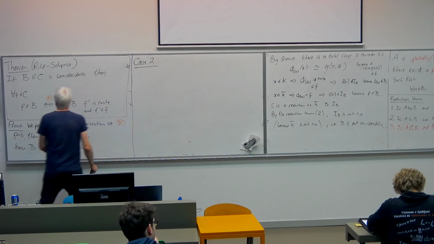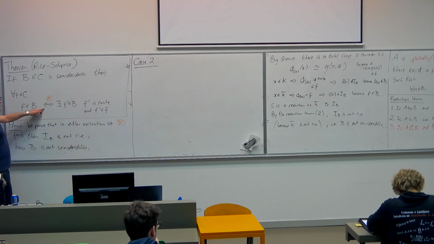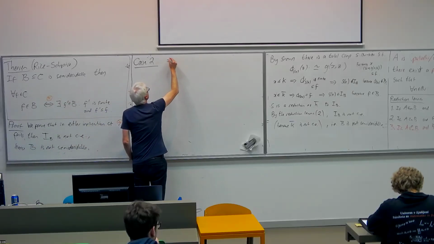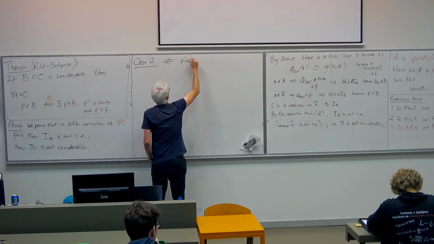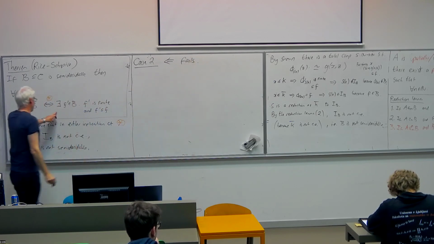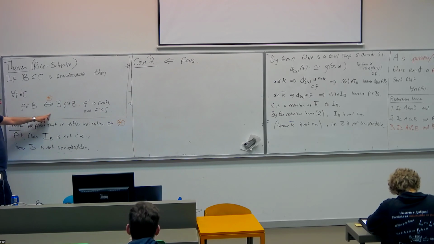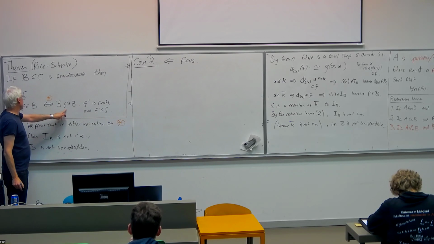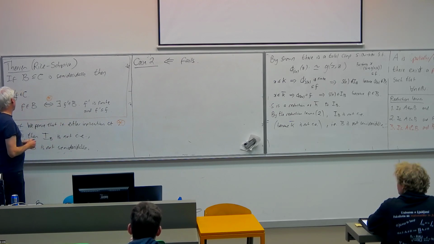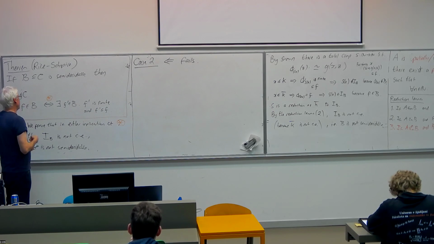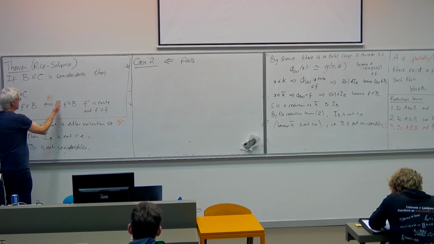Right, so now we assume the right to left implication fails. So if the right to left implication fails, what that means is there's some function in C for which the right to left implication fails.